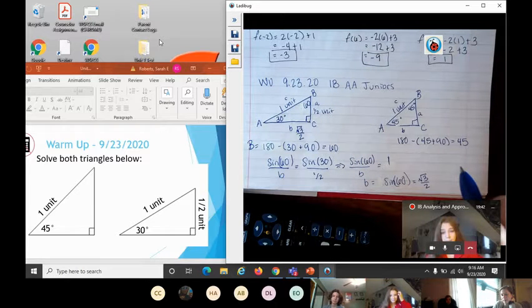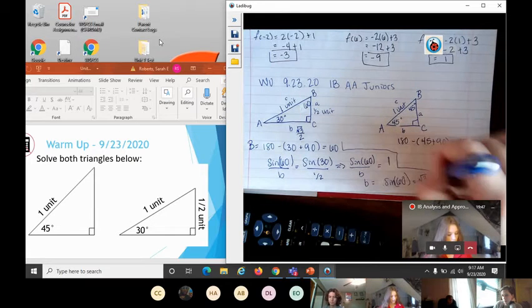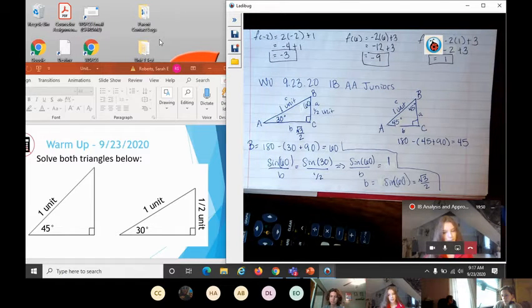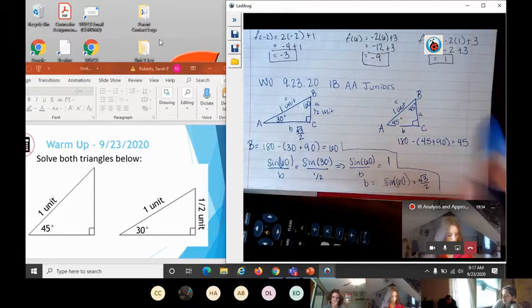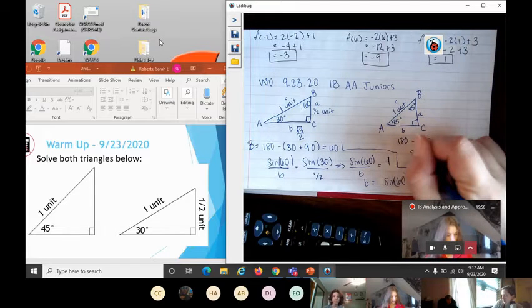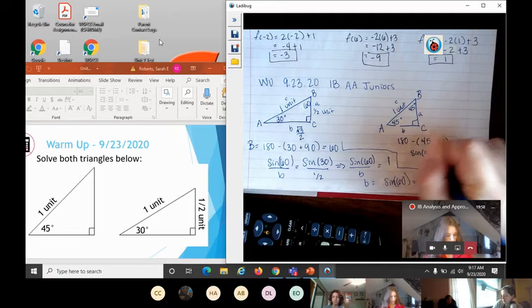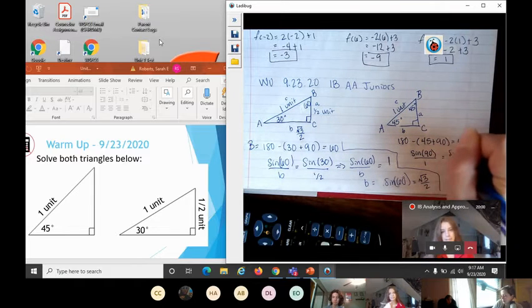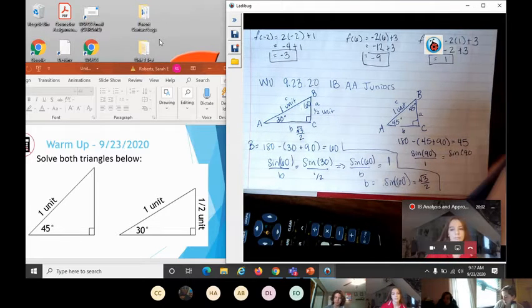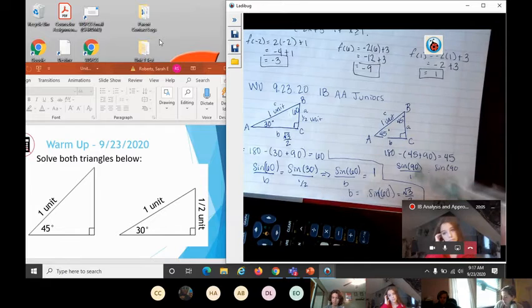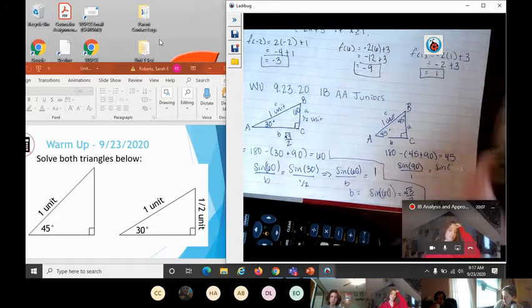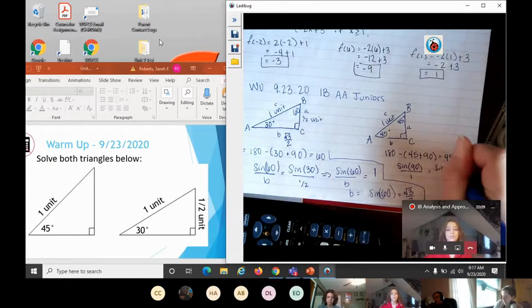Now what? I noticed that we had only one of the sides, so I just did sine of 90 over 1, and then I did sine of 45 over B to find side B. Okay, and what'd you get?